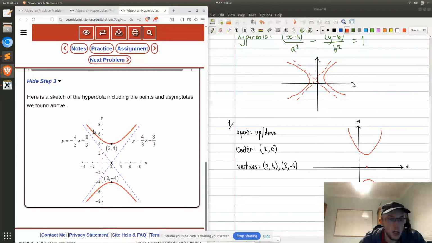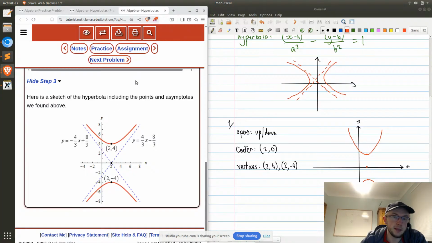Okay, I like that, but notice they include the asymptotes. So I think that's a standard run-of-the-mill thing that they expect of you.